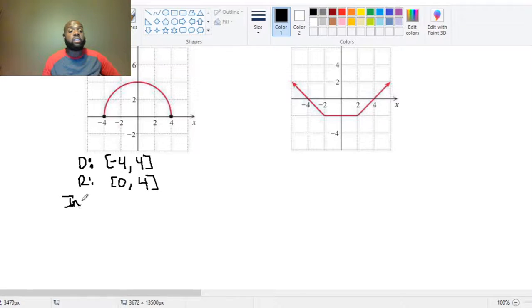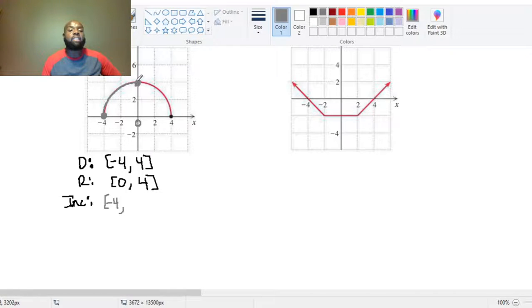So it's increasing from here to here, right? From this point right here to this point right here. By the way, when we write intervals where our function is increasing, we usually use closed intervals, and we create our intervals with respect to x. So this point has the x value of -4.